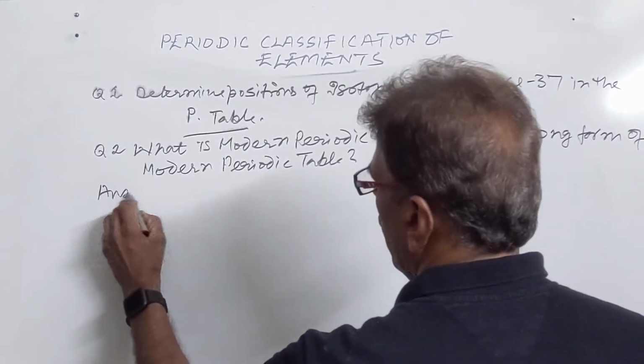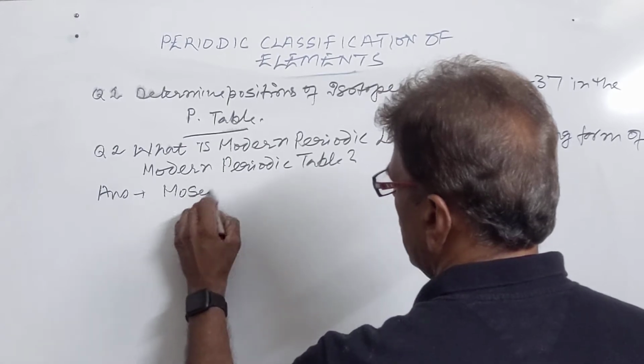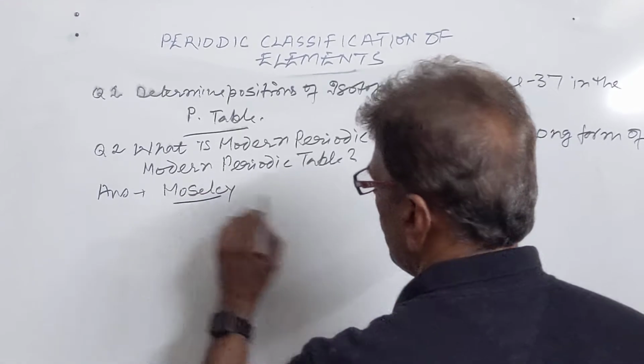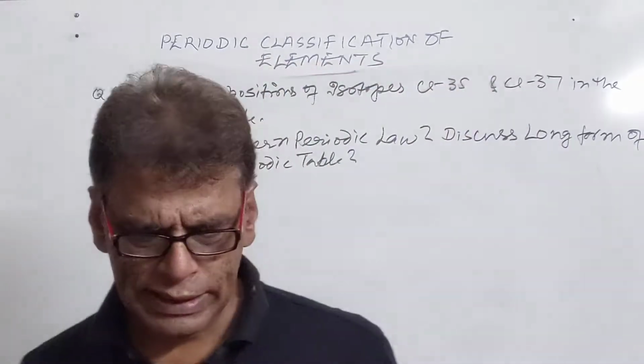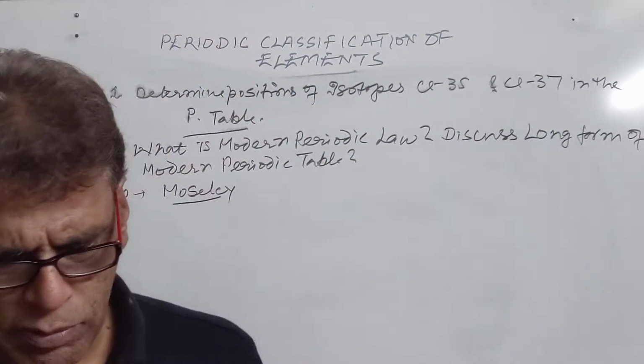The modern periodic law was given by Moseley, who was a physicist. Henry Moseley is his name.